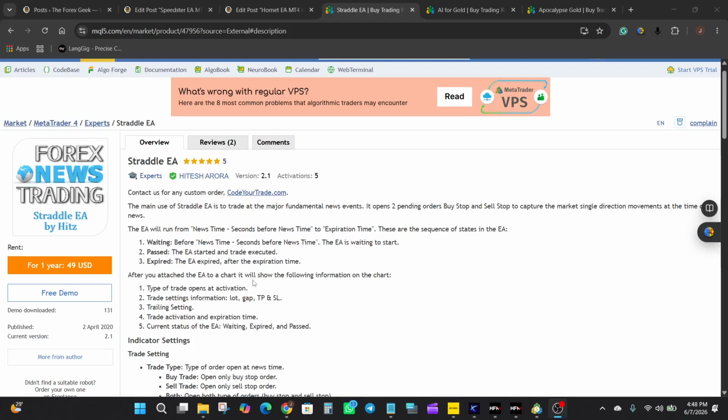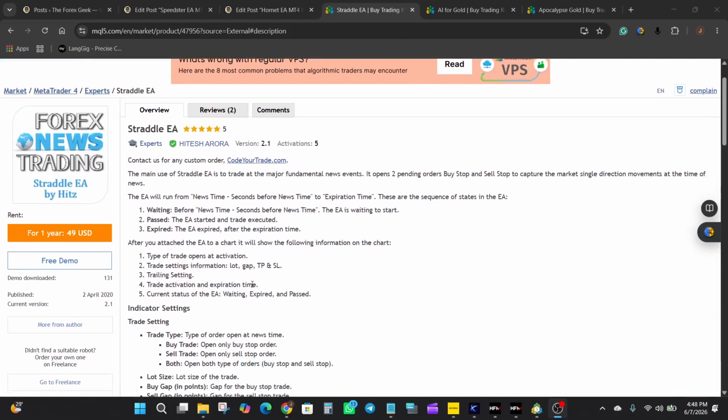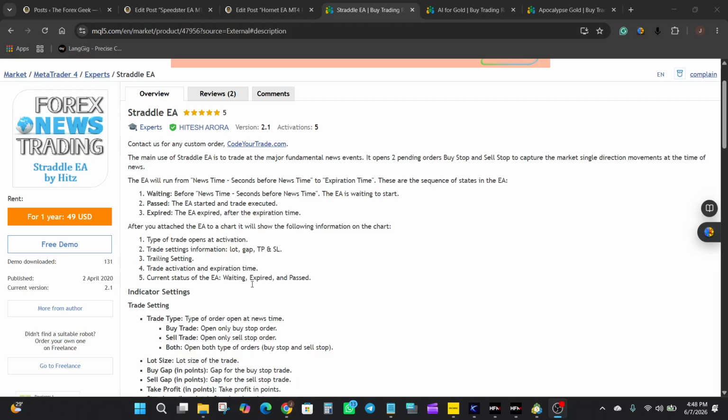From the description, the EA is specifically designed for trading major fundamental news events. The core idea is that instead of predicting direction, it reacts to volatility by placing both buy stop and sell stop pending orders around the price before the news release.